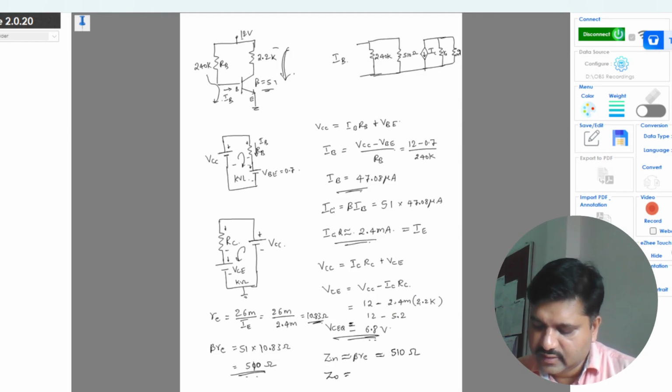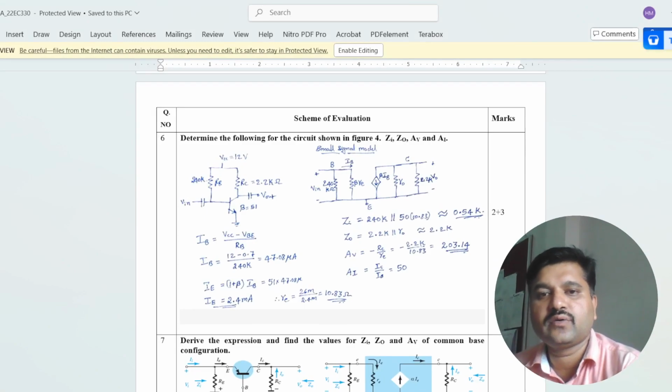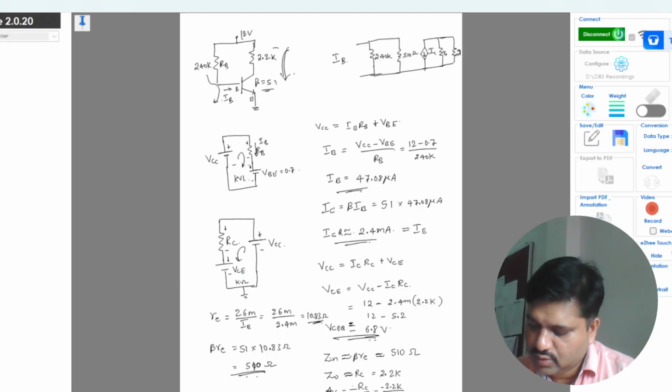Z0 is approximately equal to RC, which is 2.2k. AV is minus RC by small Re. This RC is 2.2k by Re, which is 10.83. You will get around minus 203.14.